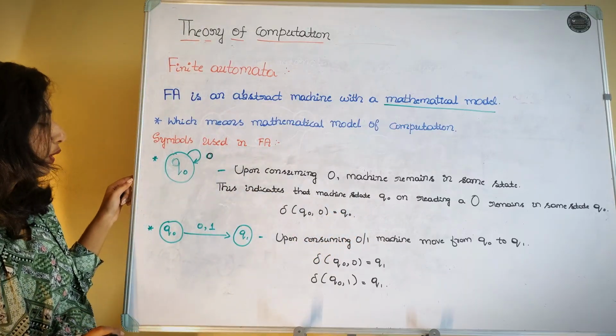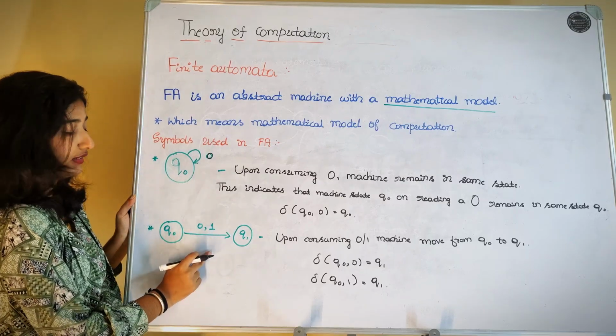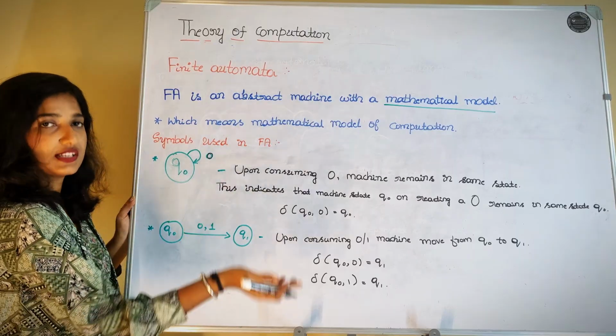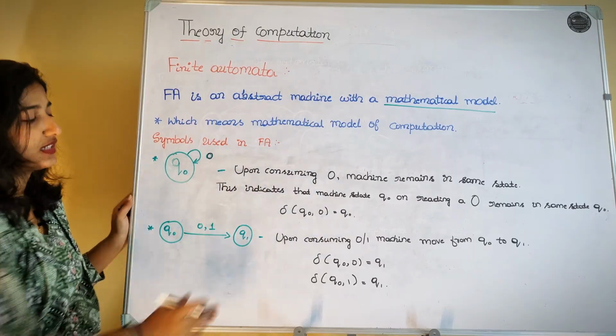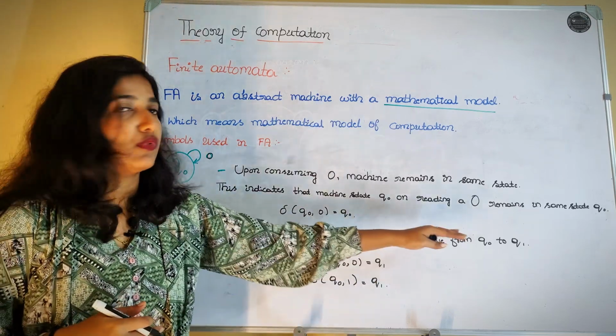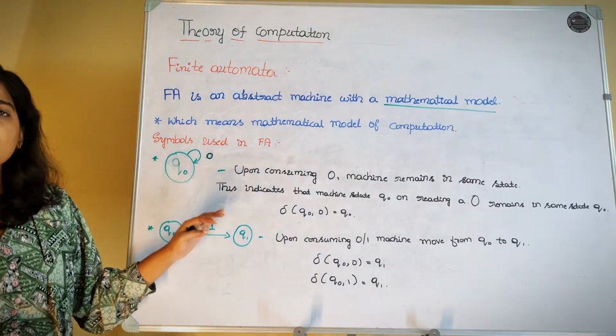Then we have another symbol, Q0 with two inputs, 0 comma 1, moving to the next state Q1. Upon consuming 0 or 1, the machine moves from Q0 to Q1. It may consume 0 or it may consume 1.